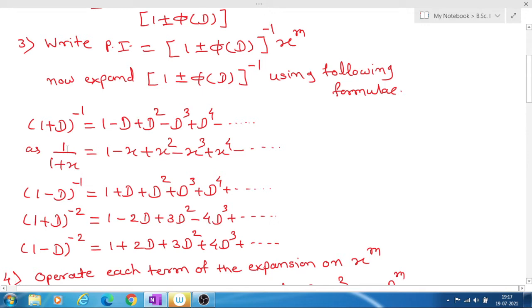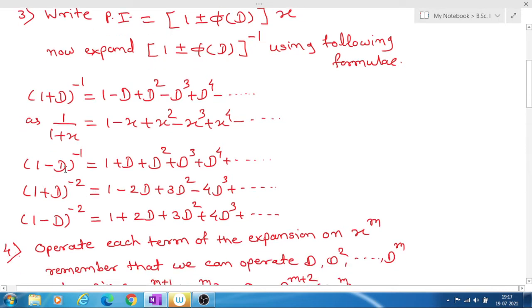So the formula for 1 upon 1 plus x is used here for (1 plus D) raised to minus 1. The formula for 1 upon 1 plus x is 1 minus x plus x square minus x cube, alternate plus and minus signs, and all powers of x are there.